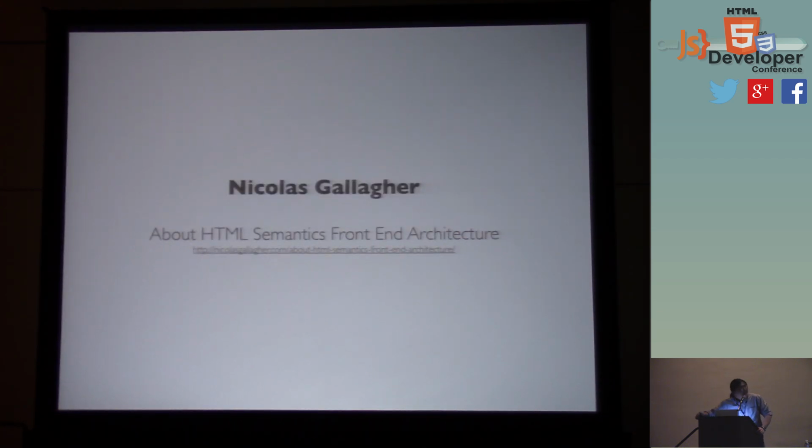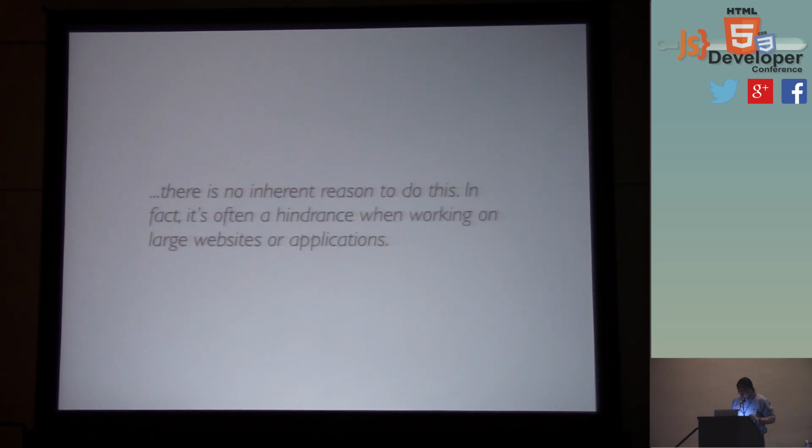Well, Nicolas Gallagher, he works at Twitter. I'm pretty sure you guys know him. He wrote a very good article called About HTML Semantics and Front-End Architecture. And in this article, he mentions that there is no inherent reason to do this. In fact, it's often a hindrance when working on large-scale applications, like I just showed you in the beginning of this presentation.